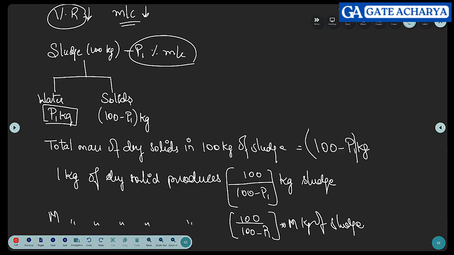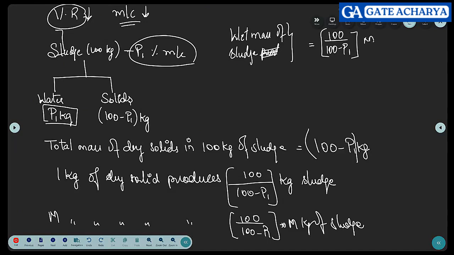So from this we can write an outcome: the wet mass of sludge produced is equal to 100 divided by 100 minus P1 into m. Here m is the dry weight of solids, or just the weight of solids. You understand, I have used wet and dry.